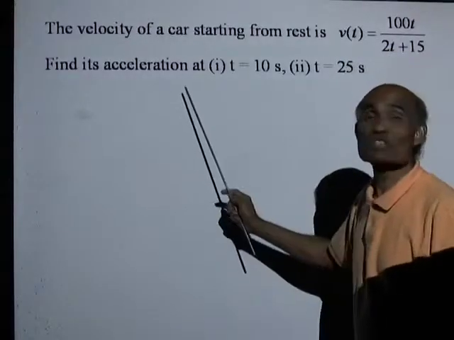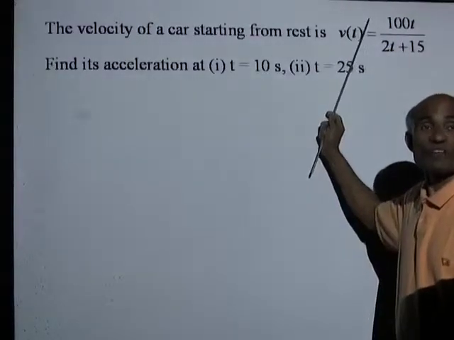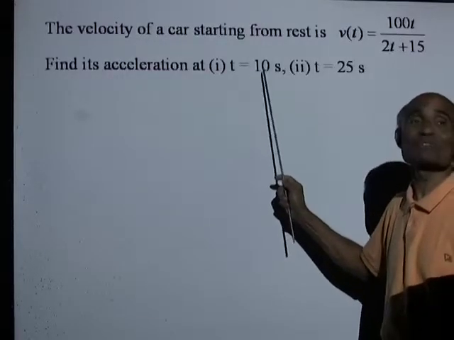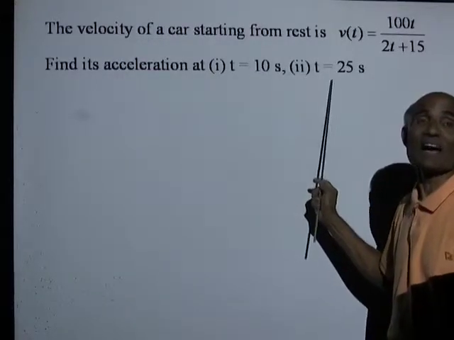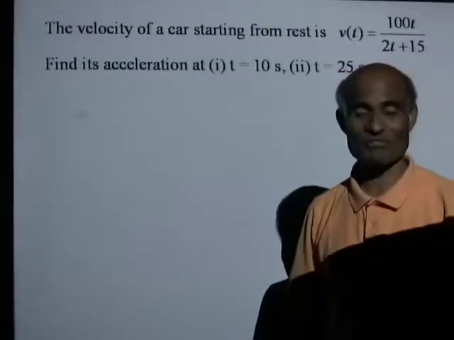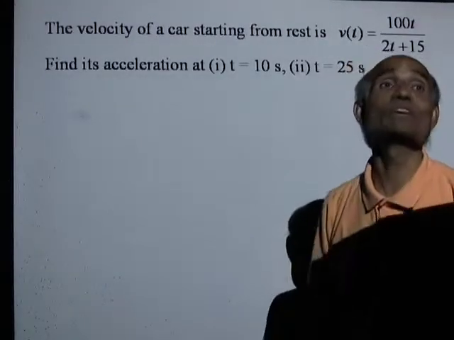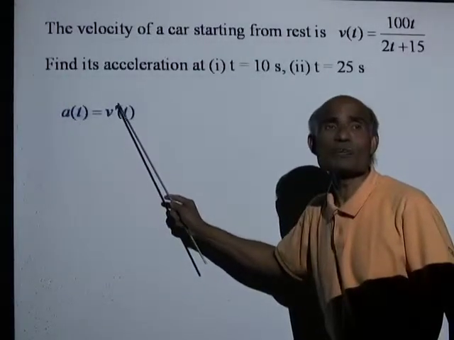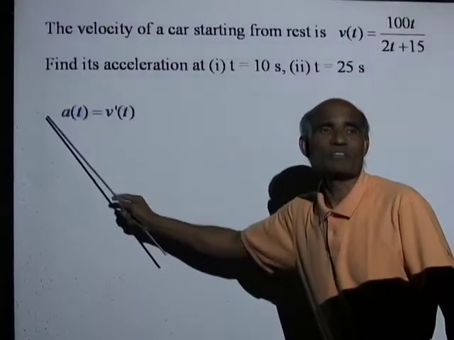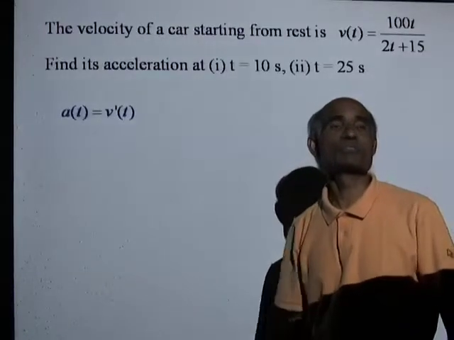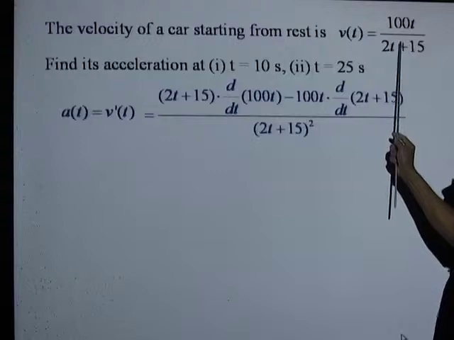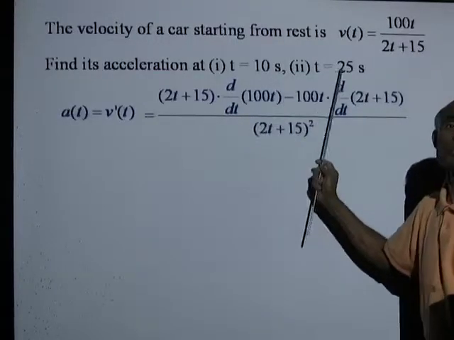So the question simply is, what is the derivative of this function at t equals 10 seconds and at t equals 25 seconds? That's all we need to do. So we have a of t equals v prime of t. The acceleration is the derivative of the velocity function, and this is the velocity function. So let's find the derivative of that.